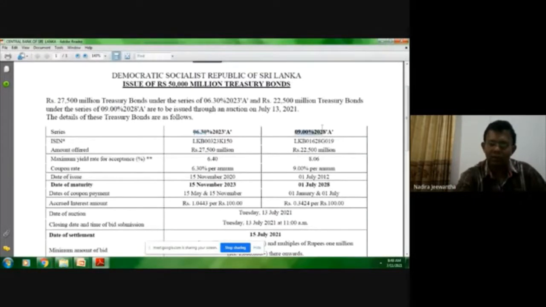See this one: 9% coupon, 2028. 7 years. What's the coupon rate? 6.3%. 2023, 2028, 9%. There is a difference between coupon and yield. We'll be learning that later.